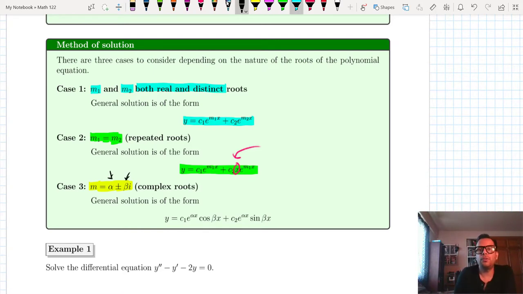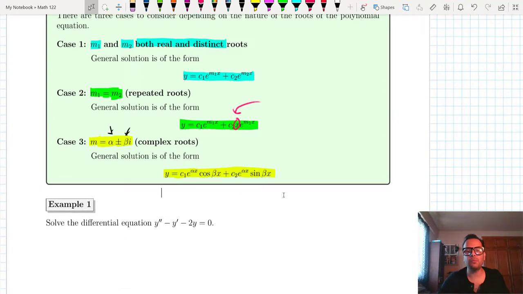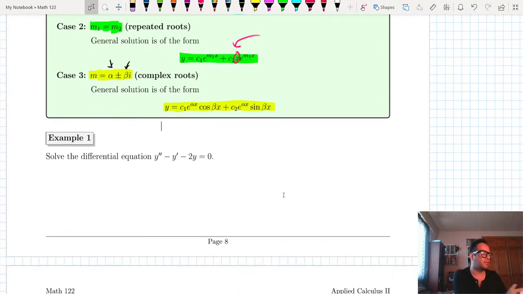And the solution will be as follows. So it will be a combination of sines and cosines. Okay, so c1 e to the alpha x cosine beta x plus c2 e to the alpha x sine beta x. Well, right now it's a lot of symbols and whatnot. So how about we go over the examples so you can see how this works.